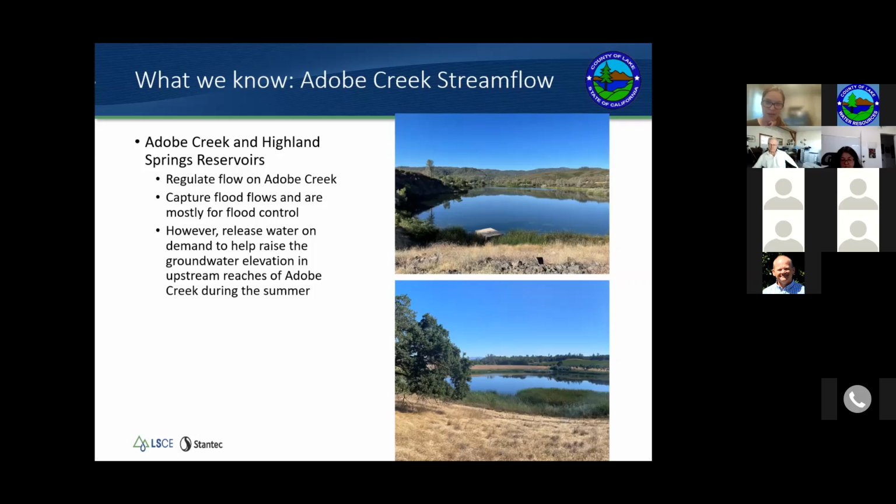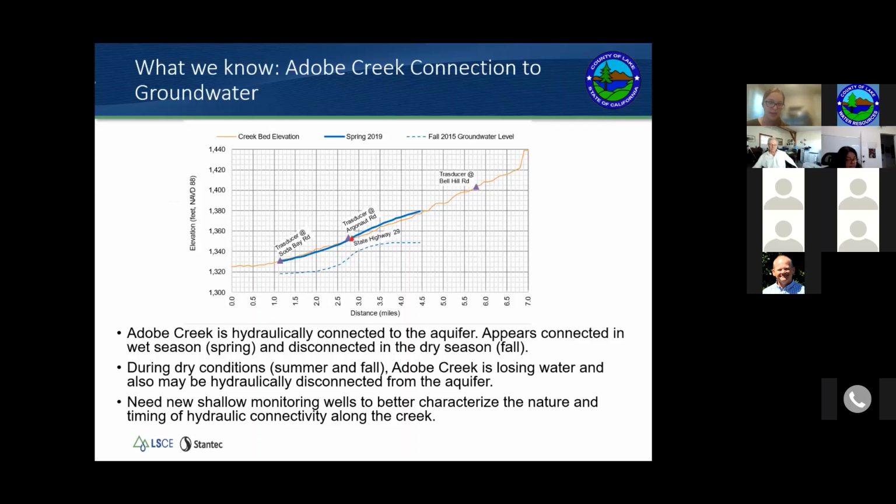Okay, so with the information that we do have, we can see that Adobe Creek is hydrologically connected to the aquifer. That connection is there in the spring season. Again, you see that dark blue line matching that orange line, which is the creek bed.